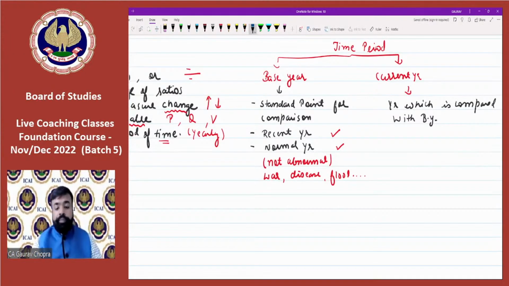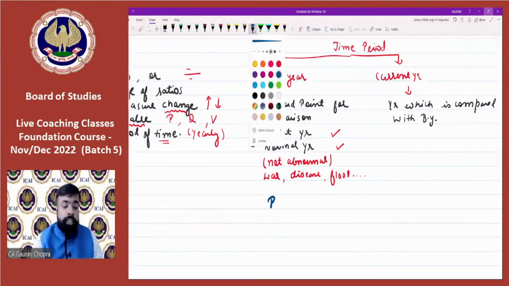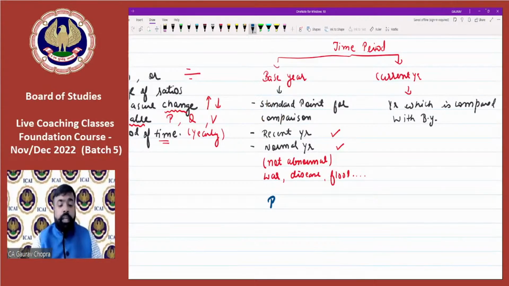All right. Now we have to know the notations, how we write. If we talk about the price of any commodity, price is denoted by P and price of base year is denoted by P0. If it is price of current year, we can write P1. So 0 indicates base year and 1 indicates current year. At some places you can also find N in place of 1.